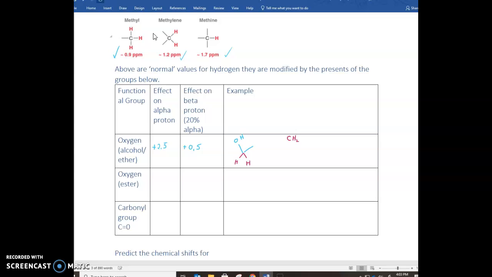We expect a methylene group to be at 1.2. Because this carbon is right next to an oxygen, this is the alpha carbon, we have to add 2.5 to it. That number comes from right here. And we'll expect to see the two hydrogens in pink at 3.7.